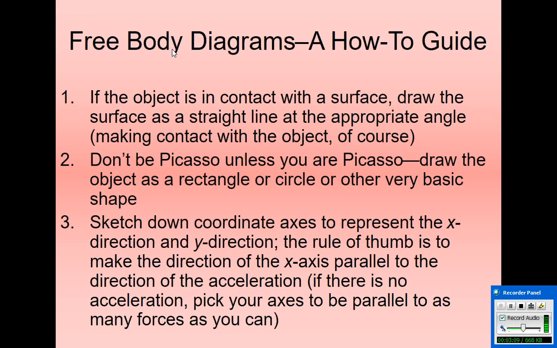In fact, there will be many situations in which we find that the best orientation of the x-axis is non-horizontal. For instance, if you have a block sliding down a ramp, you would probably want the x-axis to be parallel to the surface of the ramp, which would make the y-axis perpendicular to it. There is no restriction on the orientation of the x-axis. It does not have to be horizontal.